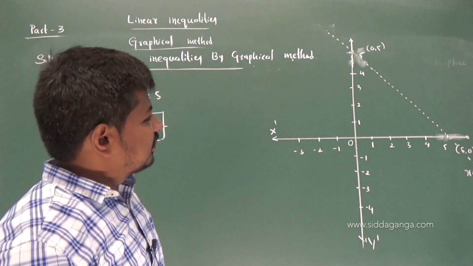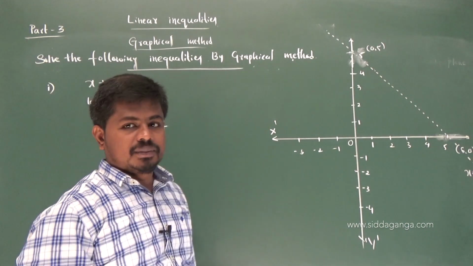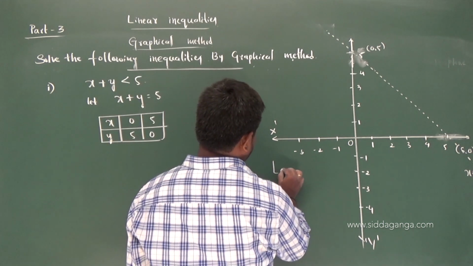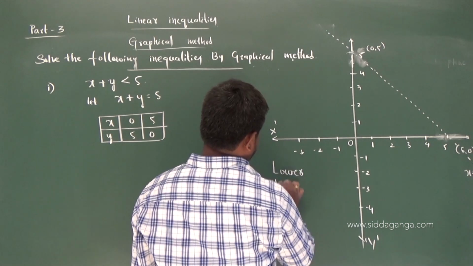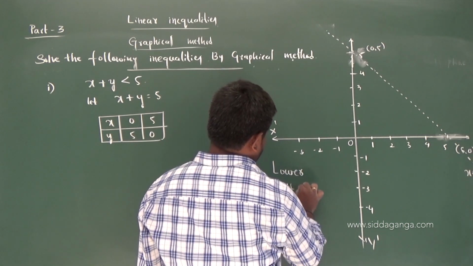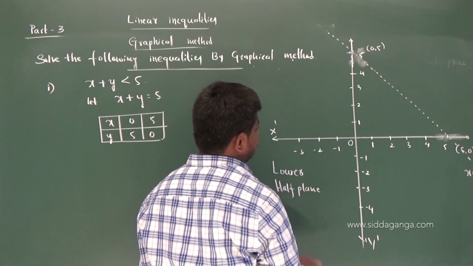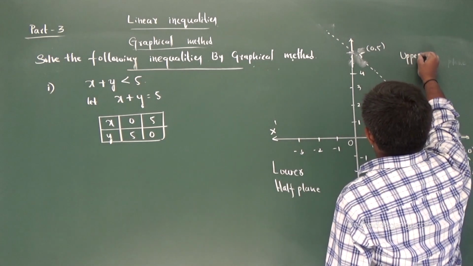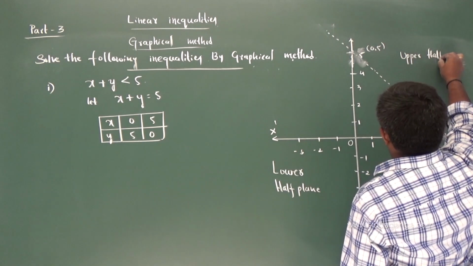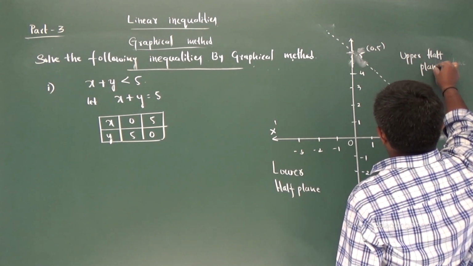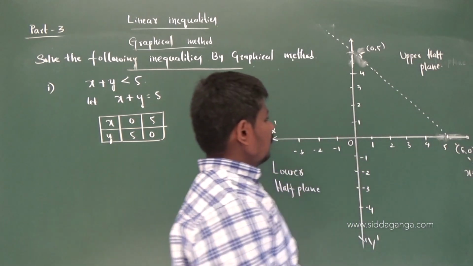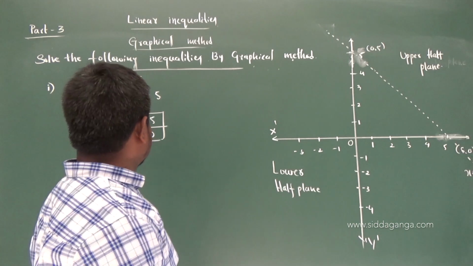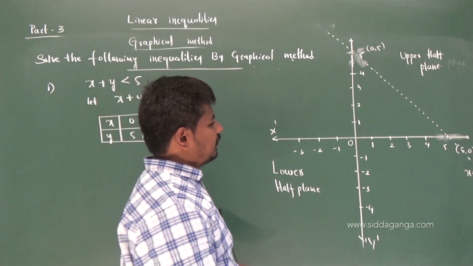Now, this line divides the given plane into two half planes, the lower half plane and the upper half plane. This is the lower half plane and this is the upper half plane. Now, in which region does the solution lie? That is the question. Let us take any point from any plane.